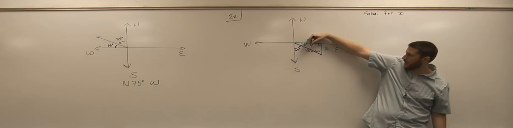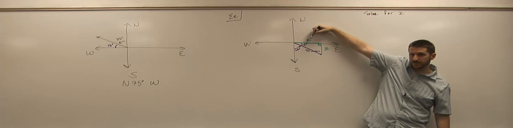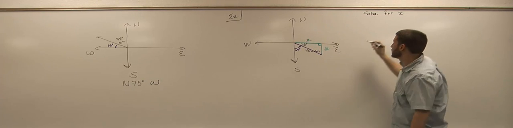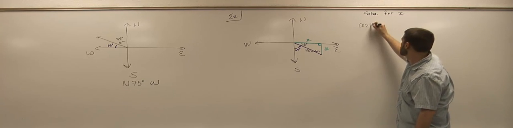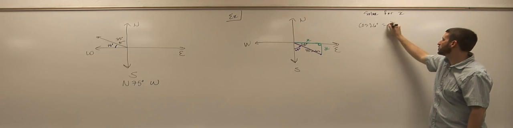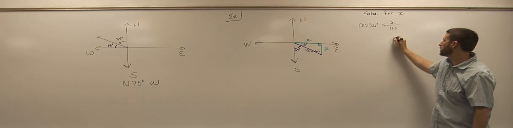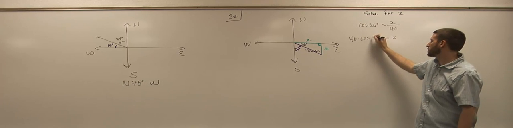Right, so I have hypotenuse, and I want adjacent, so set up cosine. Cosine of 26 degrees equals adjacent over hypotenuse. So your east miles equals 40 times cos 26.